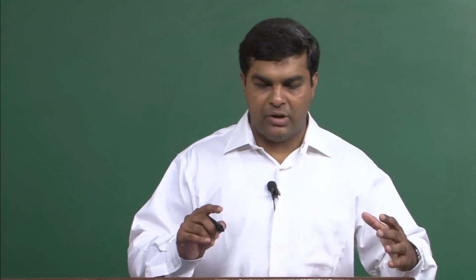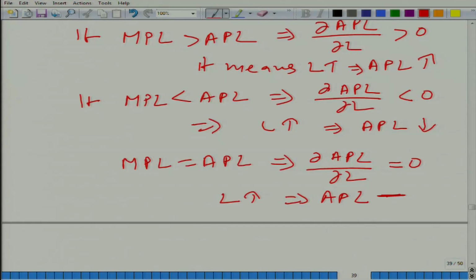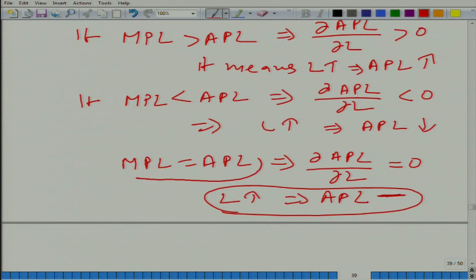Remember, if you know calculus, although we have already discussed it graphically, using calculus it just helps you get a little more information. So, what is really happening? This is one of the requirements, that MPL is equal to APL, then APL may have maximum or minimum or one of the critical points, the boundary points. Okay, fine. So, we cannot say that it would be the maximum.